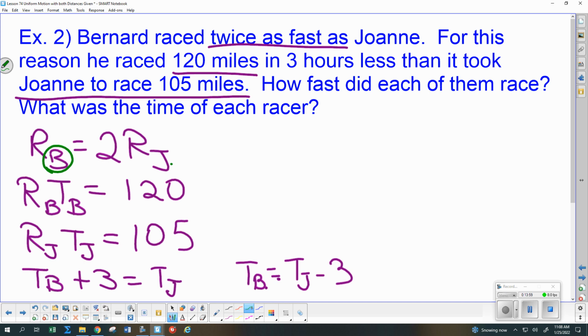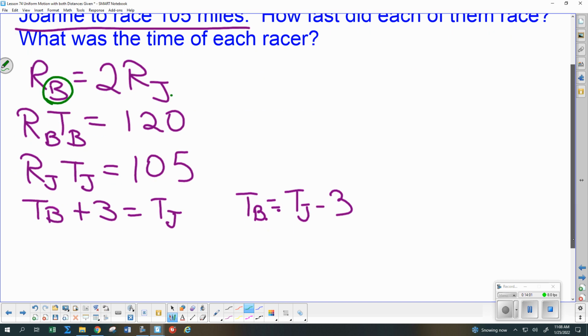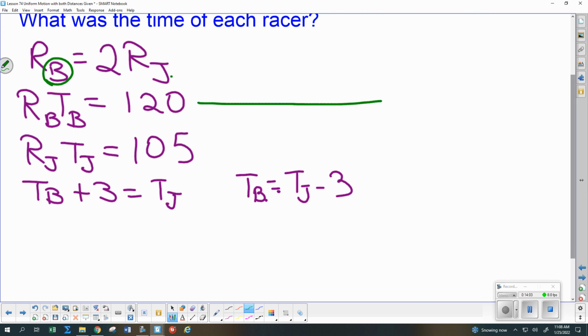So that means I want to plug in for the B's. So I'm going to take this equation and put in 2RJ for that RB. That also means I'm not going to use this form on the left because it's TJ equals. I am going to use TB equals so I can plug in for both, just to be consistent there.